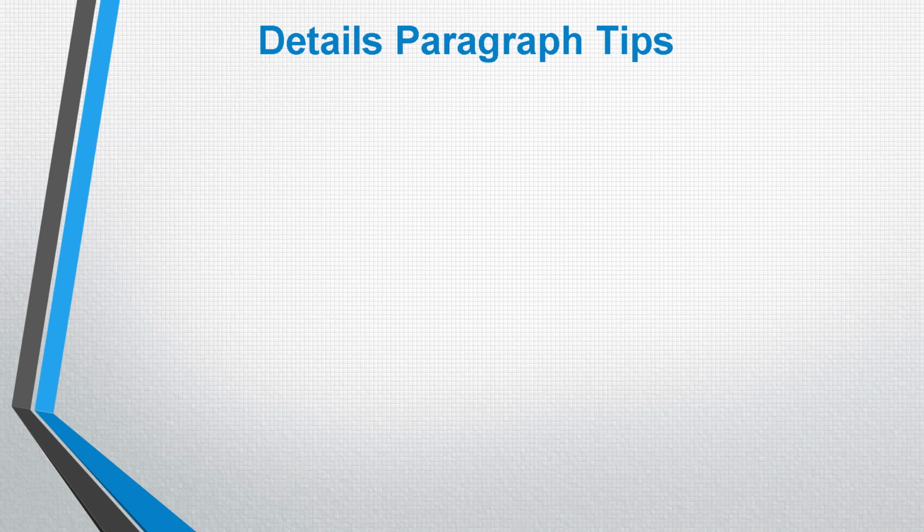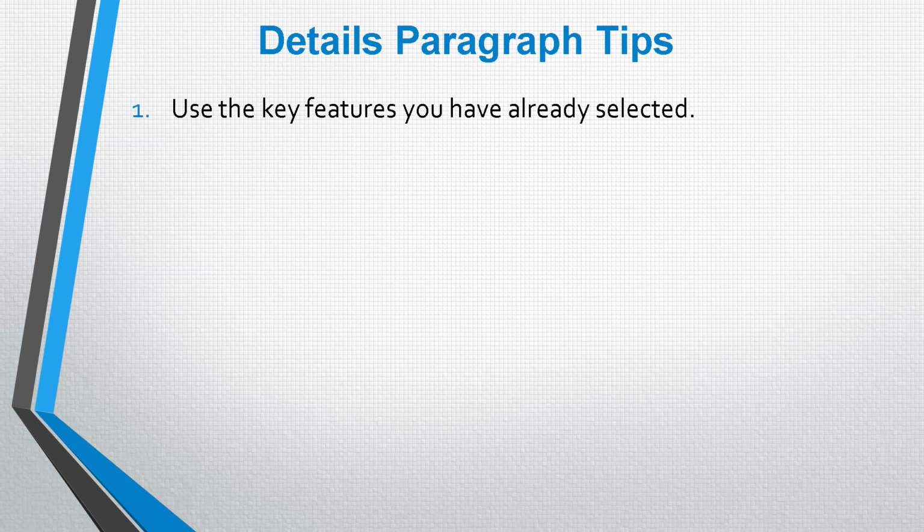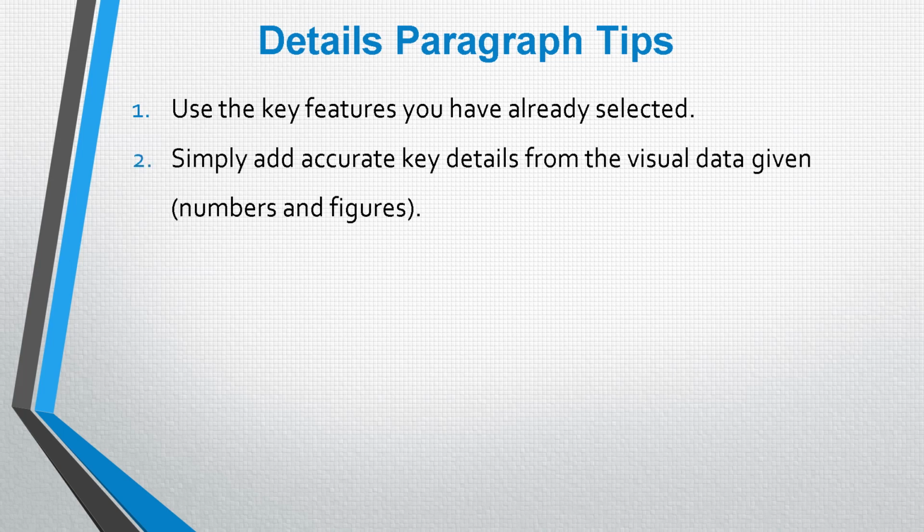So, firstly, you're going to use the key features that you have already selected and that you've already written your overview paragraph about. You're simply going to add accurate key details from the visual data given and use those numbers and figures to write a paragraph.